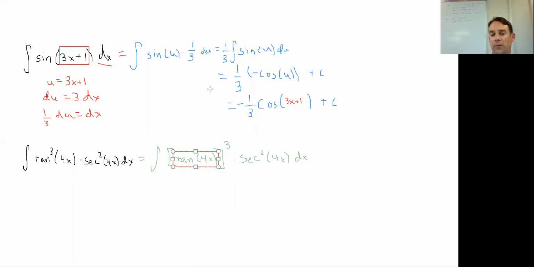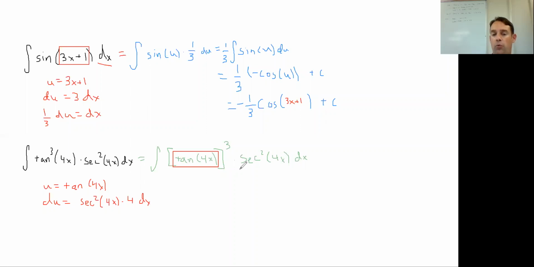There's my inside function. So tangent, I would say that u would be equal to that inside function, tangent of 4x. So therefore, du, derivative of the outside is secant squared 4x times the derivative of the inside.